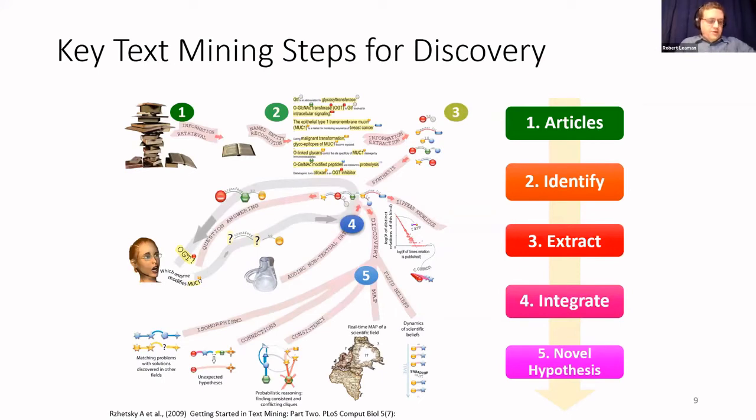The steps for discovery for text mining in this framework are 5. So the first step is just retrieving the articles themselves and then identifying entities or mentions within those articles that refer to interesting biomedical concepts.